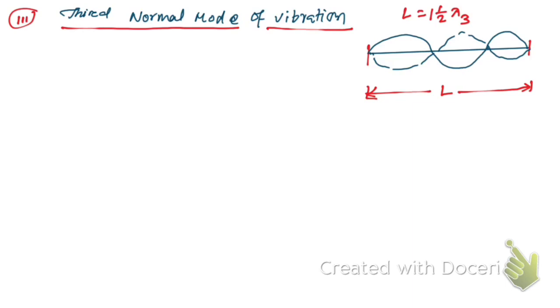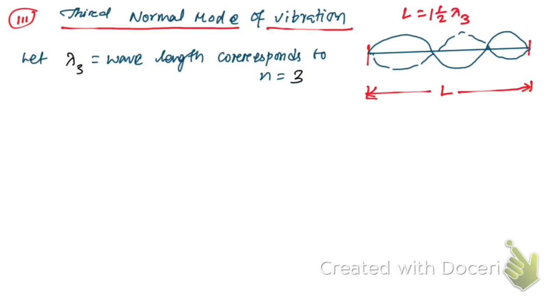So here, let lambda 3 be the wavelength corresponding to n is equal to 3, right? In that case, from equation number 1, we're going to write lambda 3 is equal to 2L by 3.